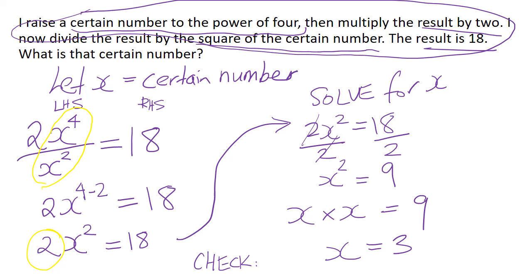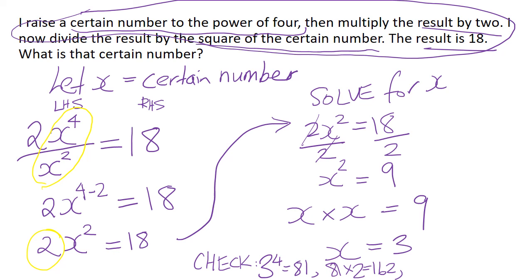Alright, let's check our answer. Okay, so you can use your calculator. 3 to the power of 4 is 81. Right? 3 to the power of 4 is 81. And then you multiply the result by 2. So you're going to multiply 81 by 2, which is 162.